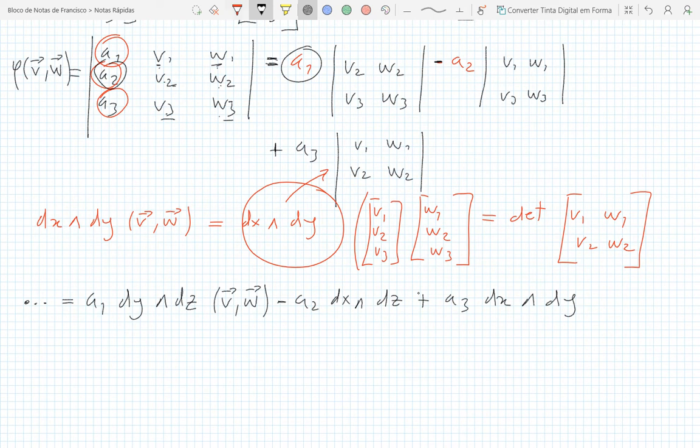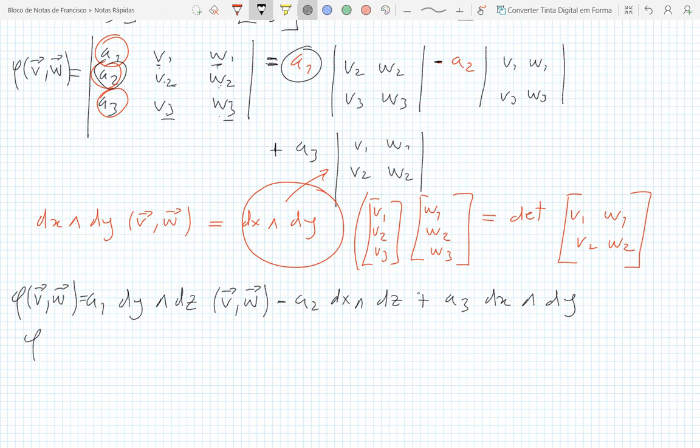at the end of the day, here I can write phi of v and w. Phi of v and w will be A1 dy wedge dz of v, w minus A2 dx wedge dz plus A3 dx wedge dy, right?